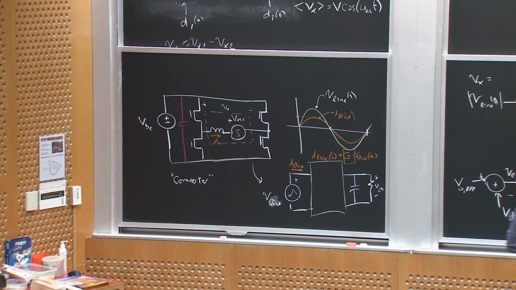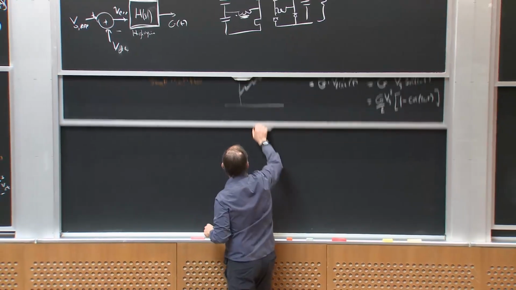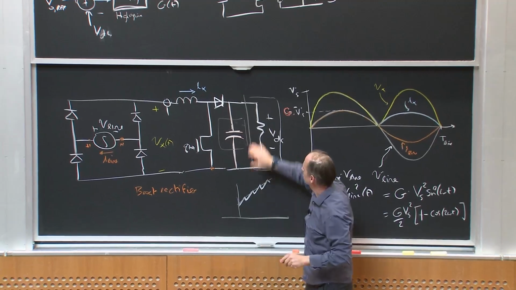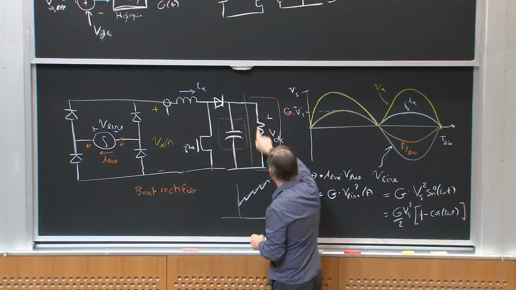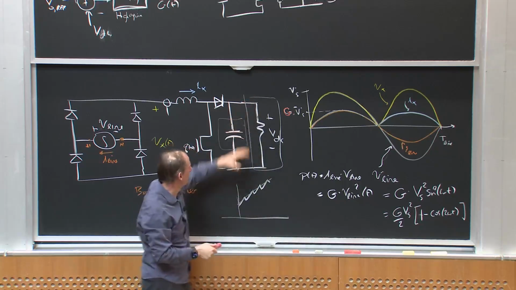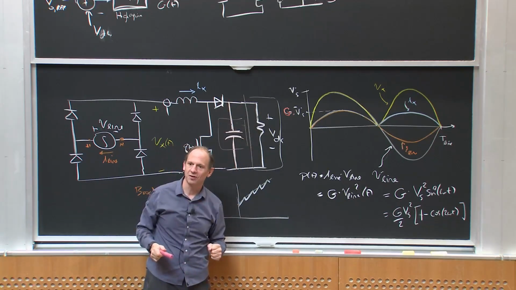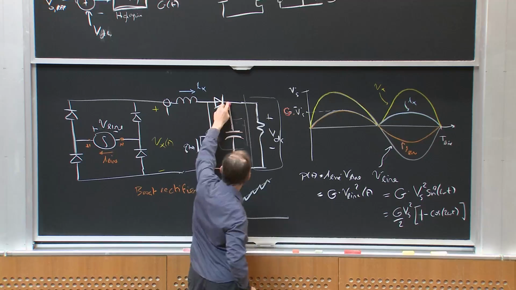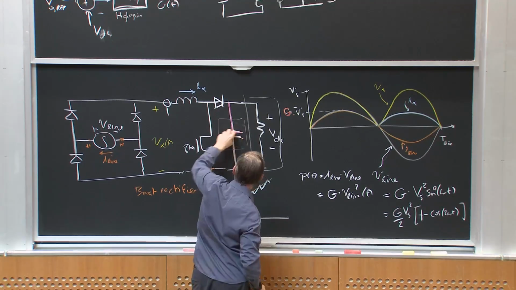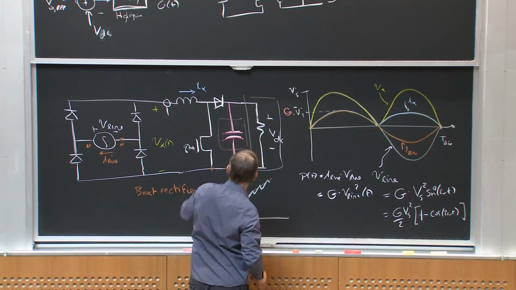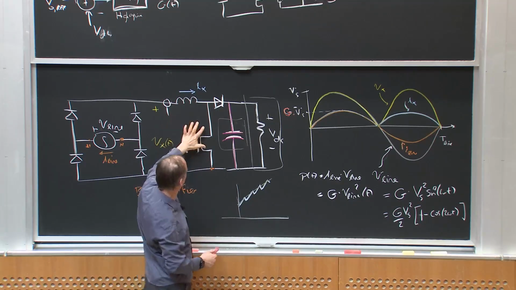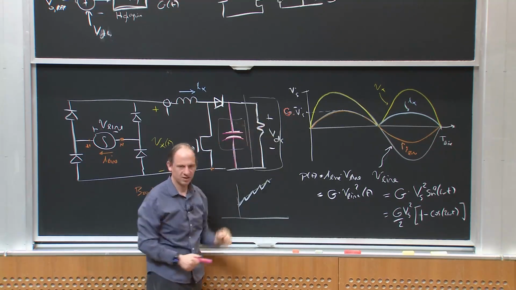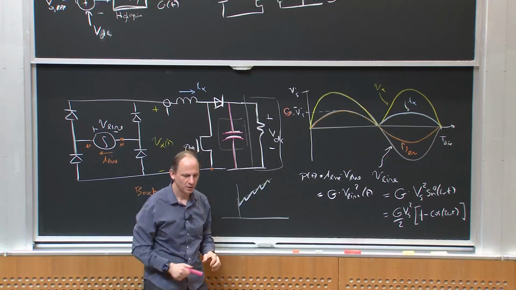In this application, this isn't necessarily exactly going to be a resistor. This is going to be another power supply stage, right? But this next power supply stage, really, it wants a DC voltage and it wants to draw a DC current, right? So really, this capacitor is going to take the difference between whatever power this thing's going to provide instantaneously, and whatever the next stage instantaneously wants, okay?